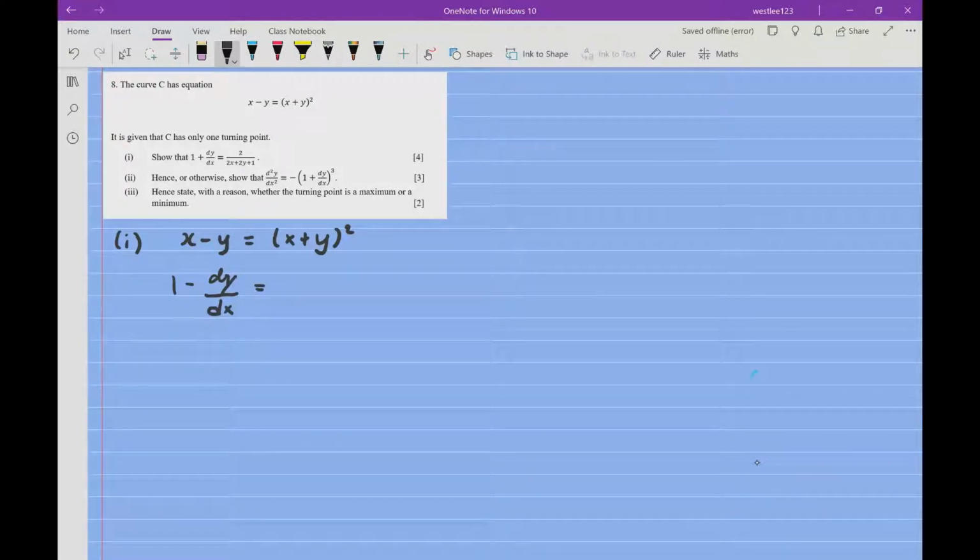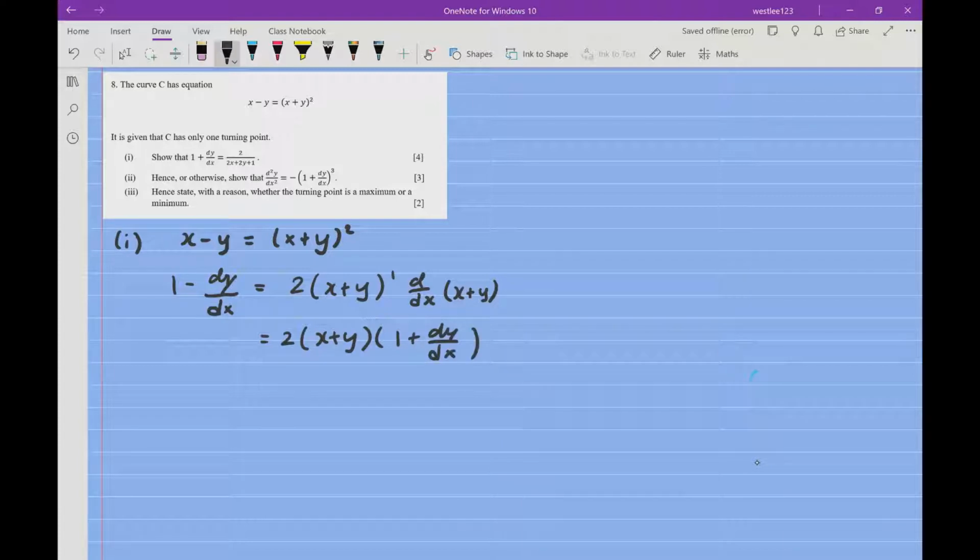And then for the expression on the right-hand side, power bring down, power minus 1, and then you differentiate the expression inside the bracket. This will give you 2 times x plus y times 1 plus dy dx. Okay, so when I differentiate x, I get 1. When I differentiate y, I get dy dx.